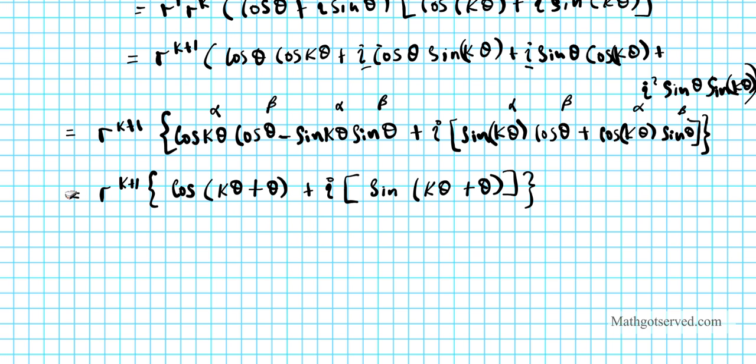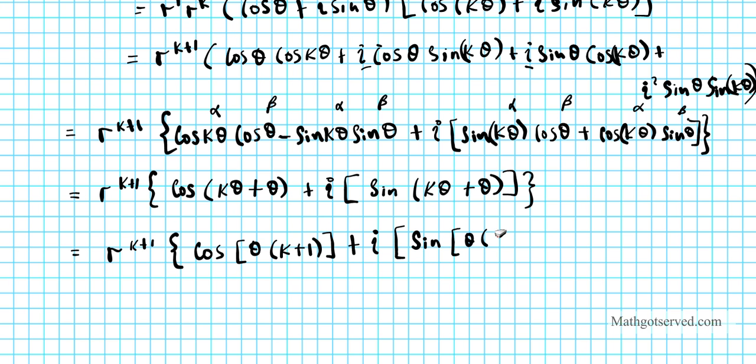This becomes r to the k plus 1, squiggly bracket, cosine, bracket, factor out theta because that's common in both, and I'll be left with theta times k plus 1, plus i, bracket, sine, factor out theta from here also, theta times k plus 1.